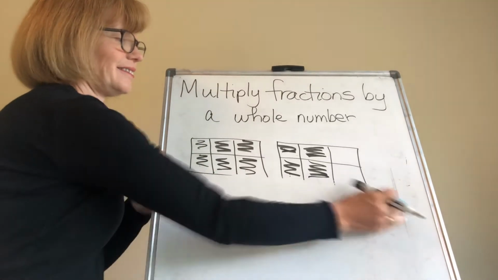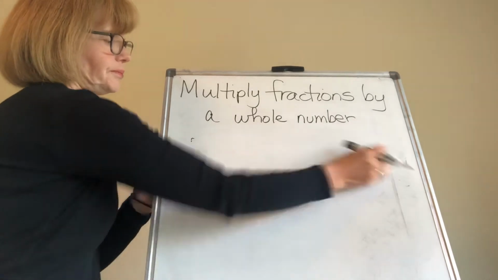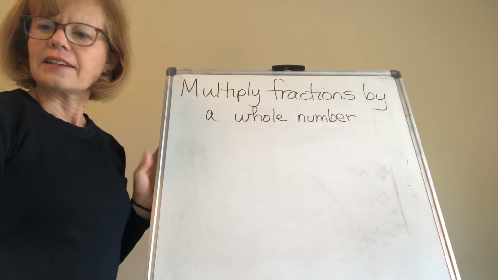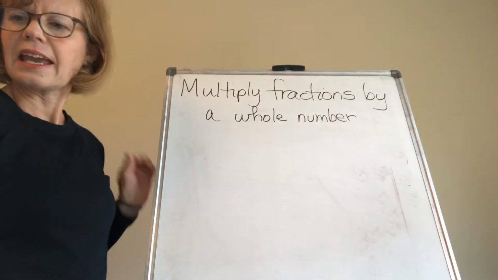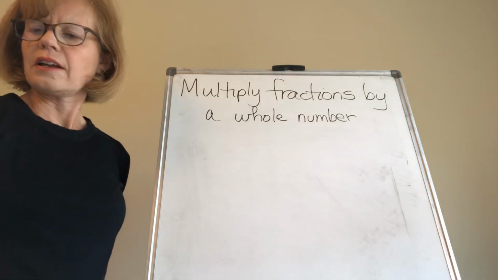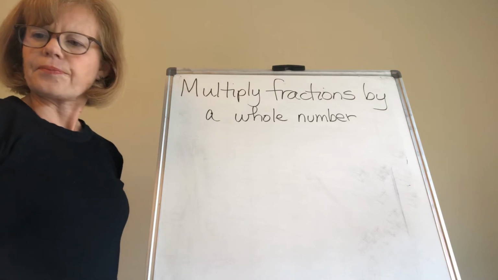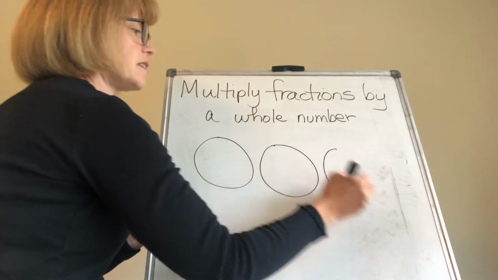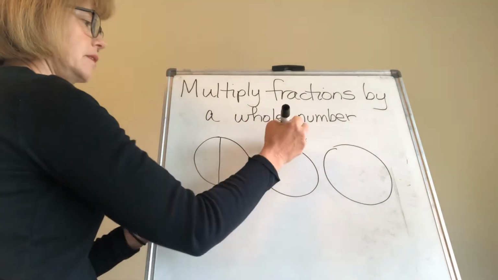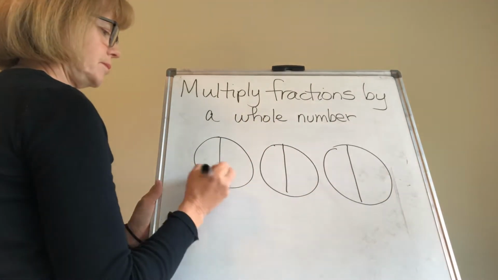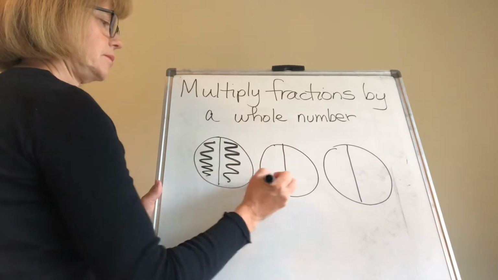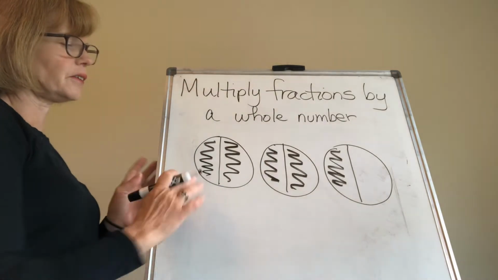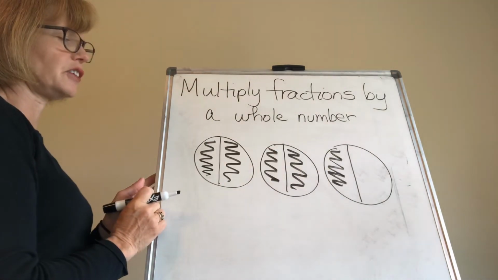All right, let's try another one. Can you show this with a multiplication sentence? So first thing you need to do is say, okay, each of these shapes are divided into two.